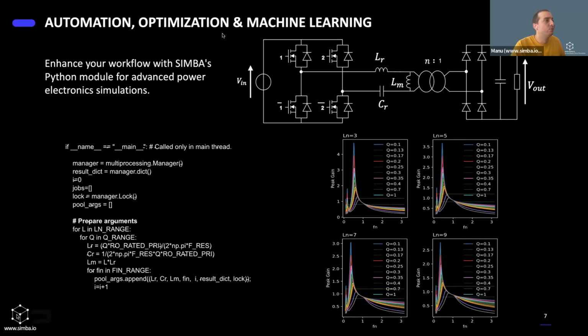In this case, we use brute force to find the best parameters of this LLC converter. Just to give you an idea, here we run about 10,000 simulations with different parameter sets. Because in Simba we can run simulations in parallel very easily, it's just a few lines of code. This takes on my computer less than 10 minutes. So less than 10 minutes to run 10,000 simulations of an LLC converter. This is really game changing.